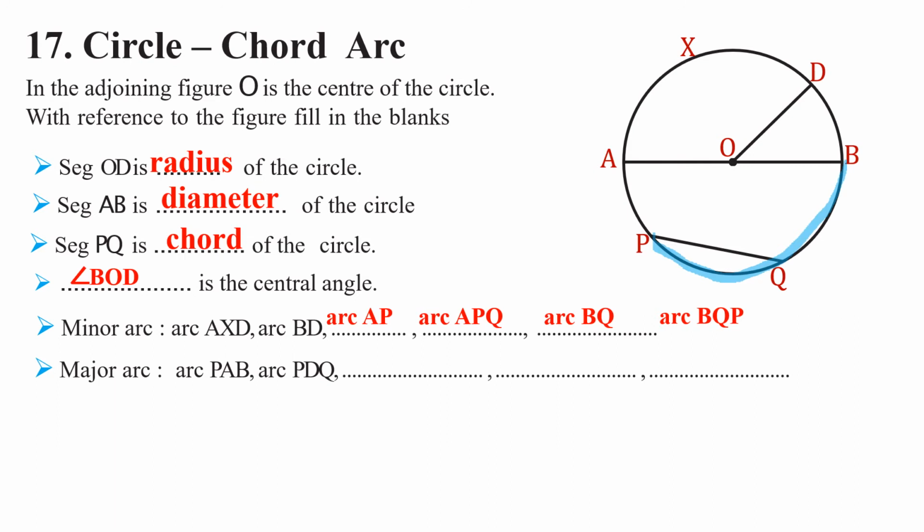Major arc. Major arc means the measure of the arc must be greater than 180. Arc PAB means this arc, starting from P, the middle point is A and the end point is B. This is a major arc.